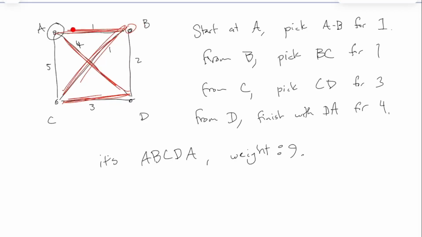That's the smallest distance. And from each point to the next, you just make the best possible choice at each step. It turns out that in this example, this really is the best Hamilton circuit, although you would have to check all the different Hamilton circuits in order to convince yourself of that.